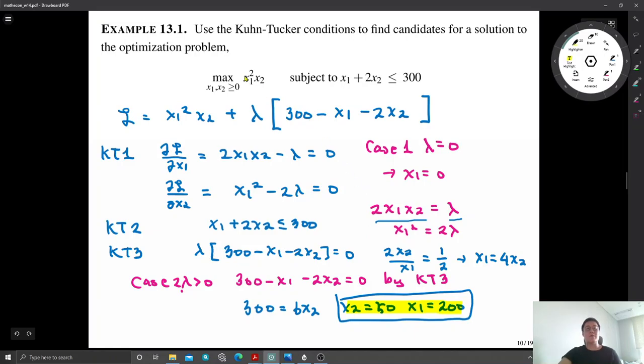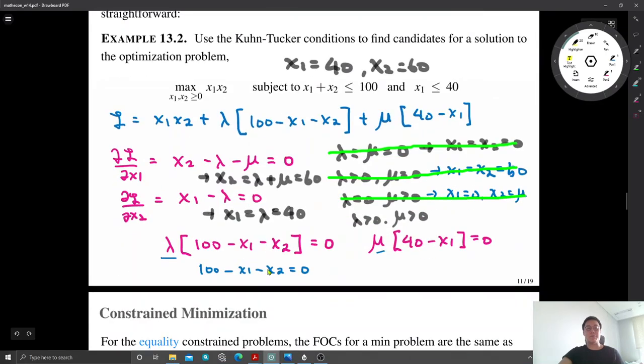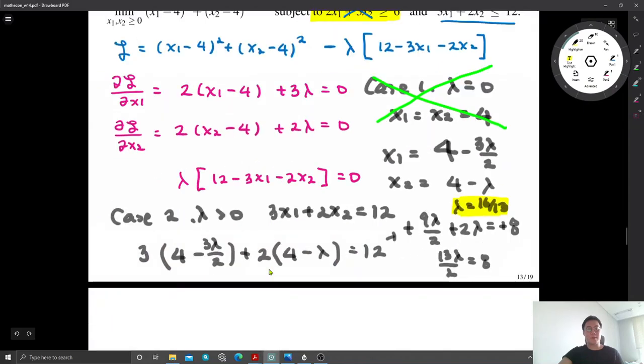But whenever the objective function is quasi-concave and the given constraint is linear, so x1 plus 2x2 is automatically quasi-convex and quasi-concave, we don't have to worry about the constraint. So as long as the objective function is quasi-concave, this candidate is immediately the solution to this maximization problem.